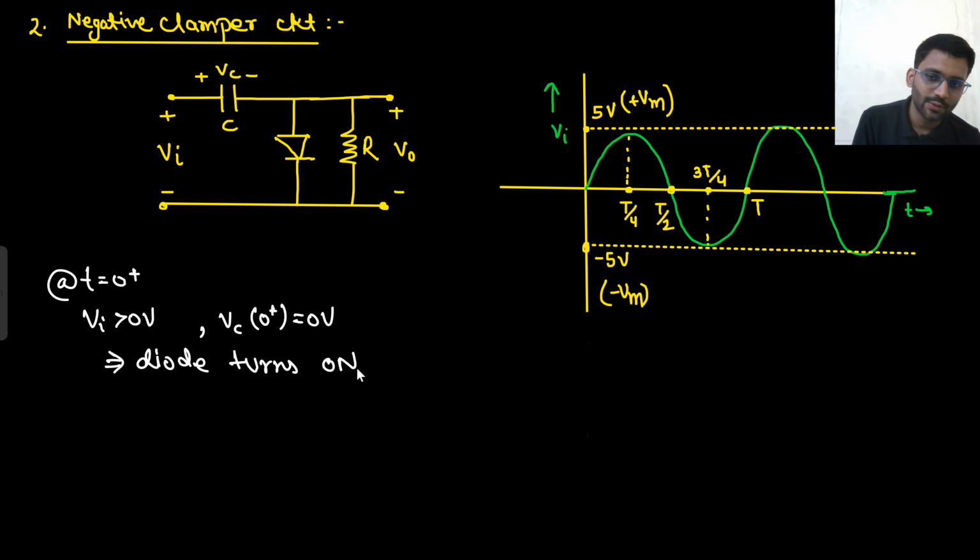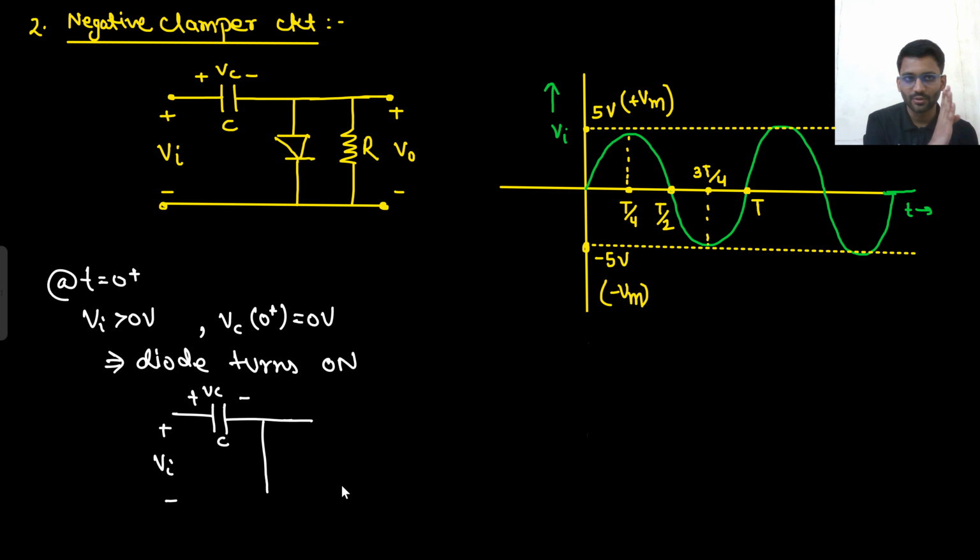Now if the diode turns on, how will our circuit look? This is capacitor C, this is VC, the diode turns on. I don't need to draw R because R parallel 0 will be 0 only.